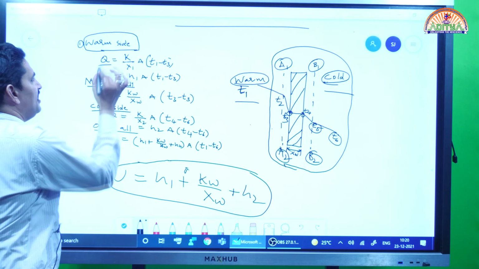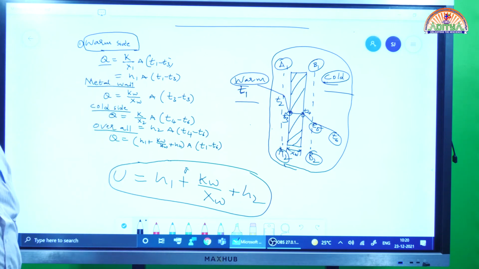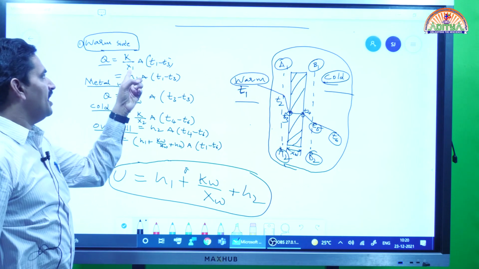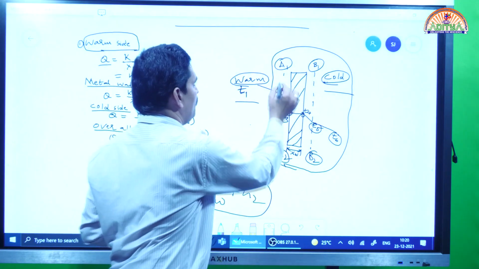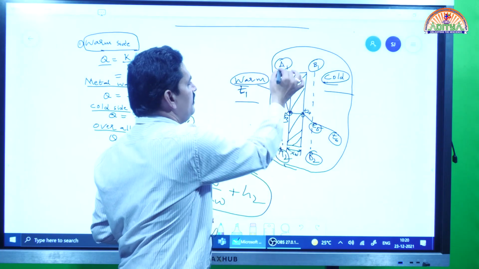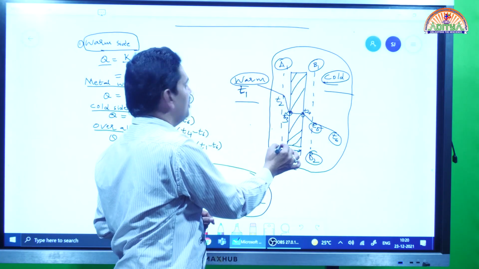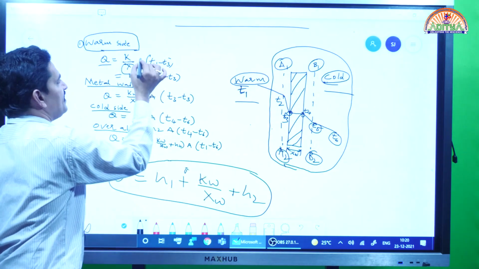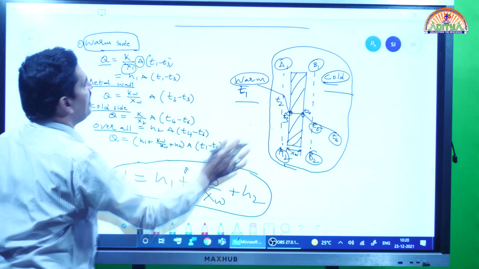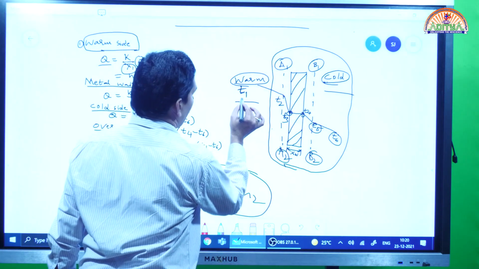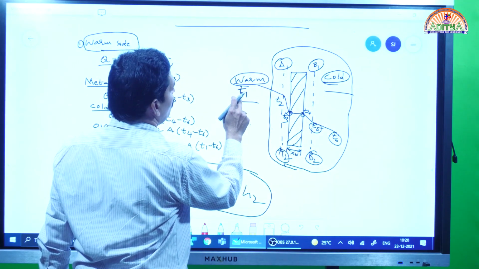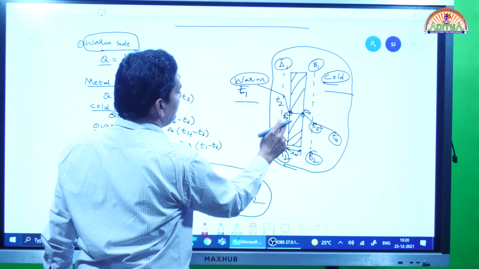The rate of heat transfer is depicted by Q, and we have already studied that the rate of heat transfer is equal to thermal conductivity divided by thickness of the film. The thickness of the warm water film is called x1. So K by x1, with surface area A, and the temperature difference between T1 and T3.